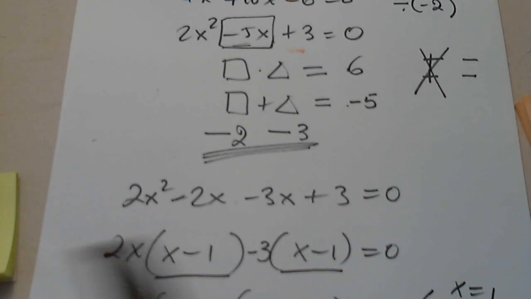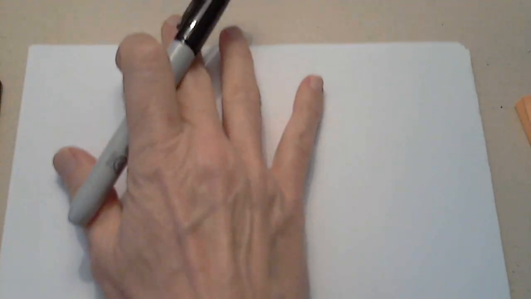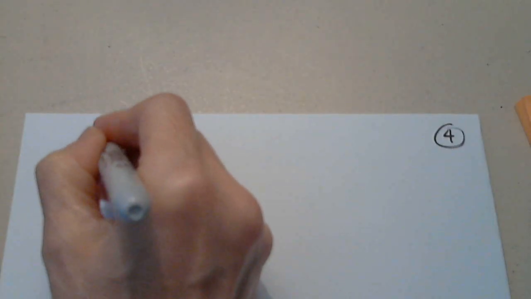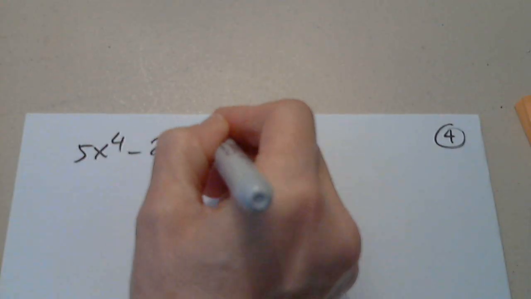Okay, so let's work on this problem. I'll explain why I picked this problem. Can anyone give us the degree of the polynomial on the left-hand side? So it's 5x to the 4th minus 20x squared equals 0.